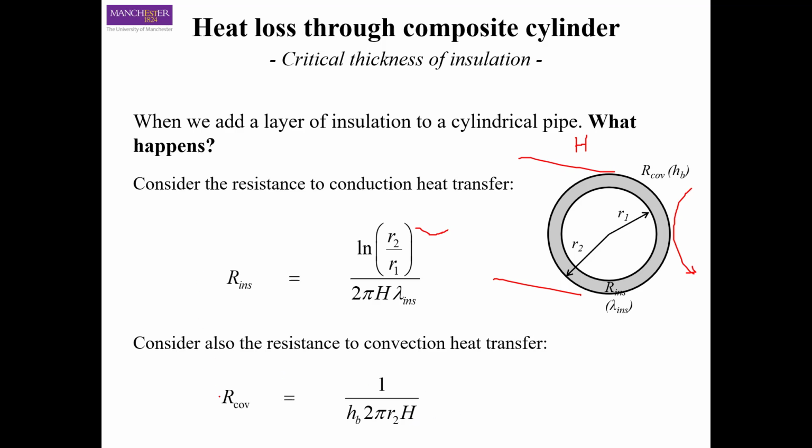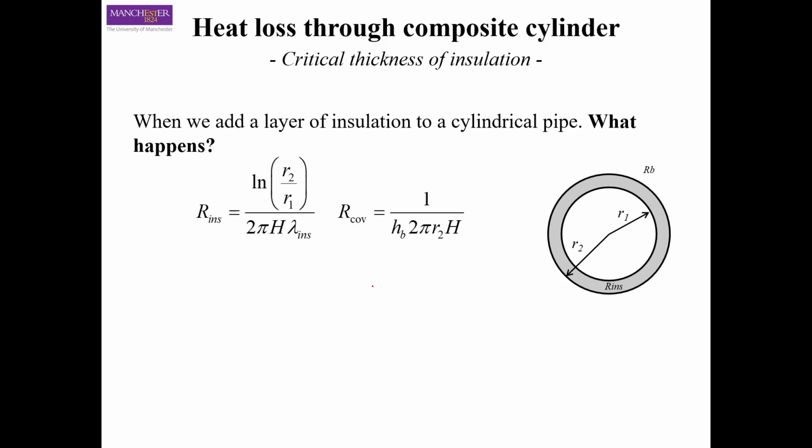We have the two resistances that are involved in the heat transfer. The total resistance, R T, should be equal to the sum of these two resistances: the resistance due to insulation plus the resistance due to convection outside the pipe.